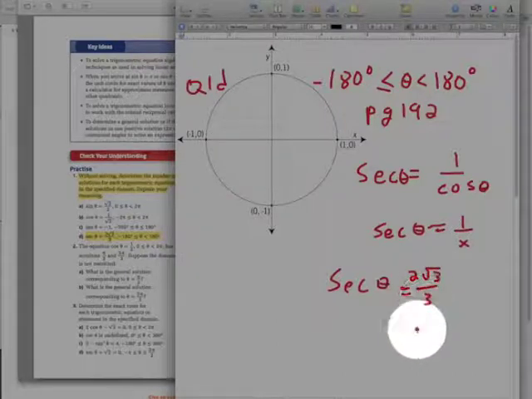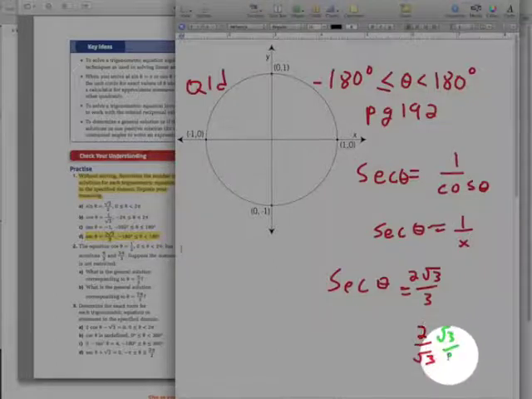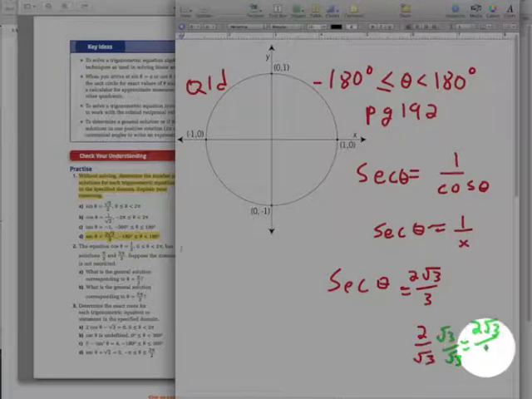So this would actually be 2 over root 3, and the way they did that is they multiplied it by root 3 over root 3. So 2 times root 3 gives us 2 root 3 over, and root 3 times root 3 is simply 3. So just keep in mind this is a different way to express 2 over root 3.